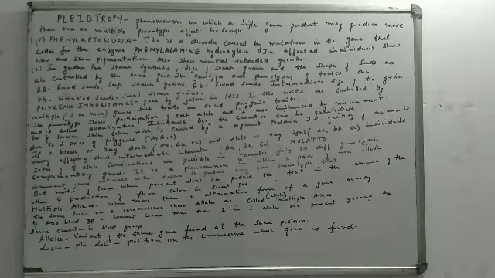What is the name of the enzyme? Phenylalanine hydroxylase. So there is a gene involved in the synthesis of phenylalanine hydroxylase, and because of some mutation there is a disorder in that gene.